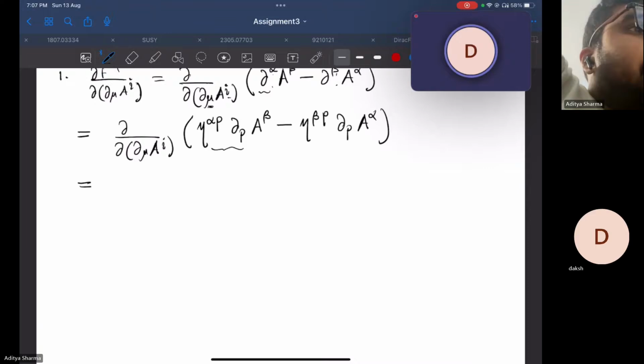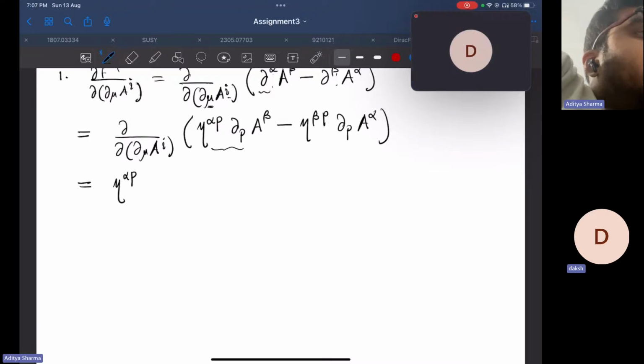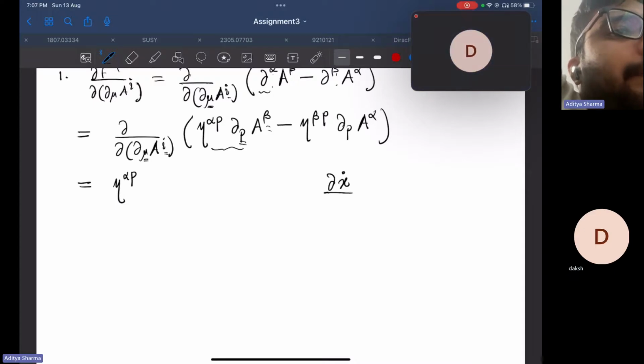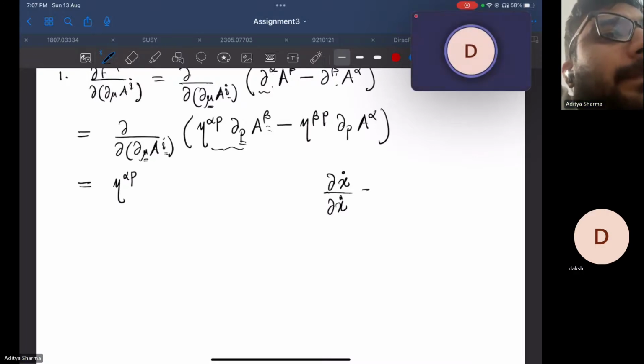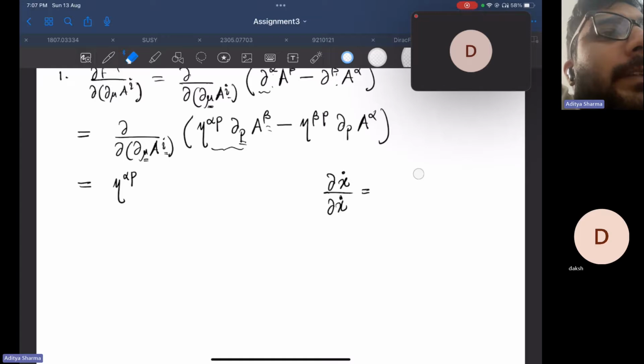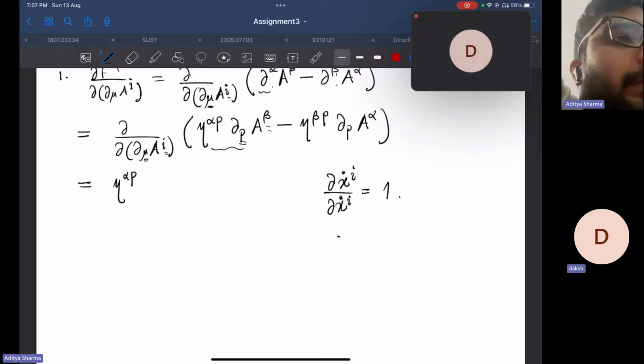So if you differentiate here with alpha p, now observe, only if mu is equal to p and i is equal to beta will this be non-zero. You'll get a 1. This is like differentiating ∂x dot by ∂x dot. That is, I'm writing x dot i by x dot i, then only it's 1.